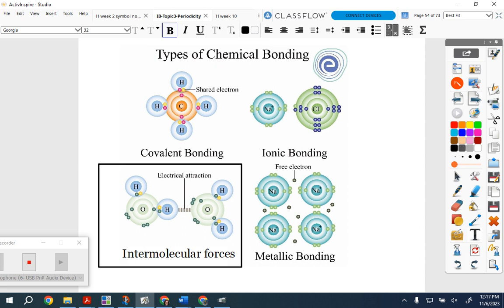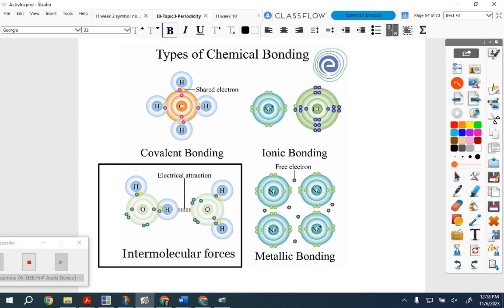And then there's also, this slide says types of chemical bonding, but intermolecular forces are really not considered to be a chemical bond exactly, although when you get to the threshold between a covalent bond and hydrogen bonding, things can get a little bit fuzzy.